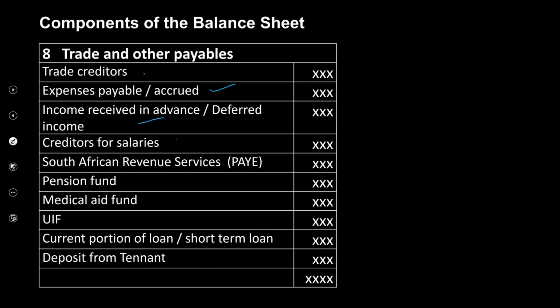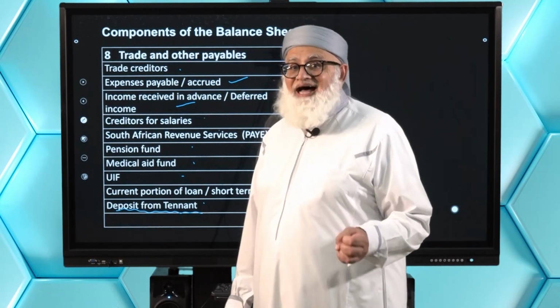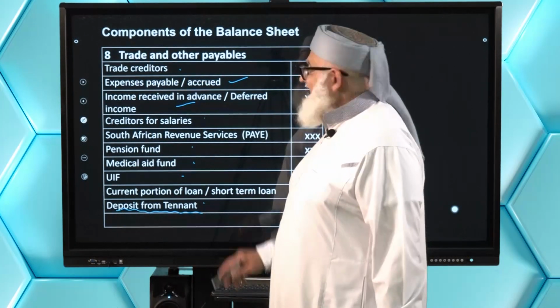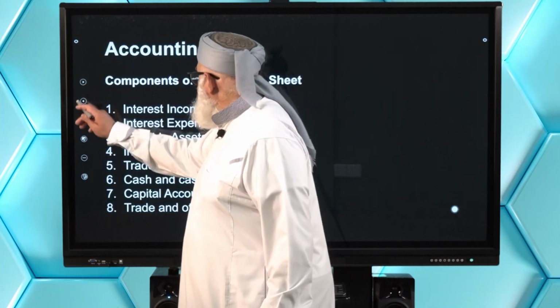Creditors for salaries, PAYE, pension fund, medical aid, UIF, the current portion of your loan or your short-term loan, and a very important one here is your deposit from your tenant. If you have received any deposit from your tenant who is leasing our property, that is regarded as a current liability and therefore under my trade and other payables.